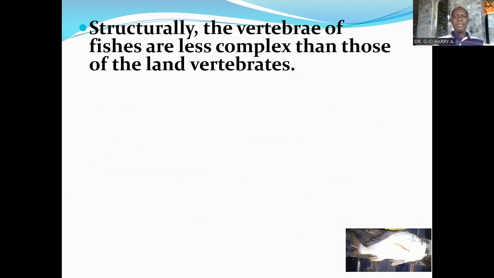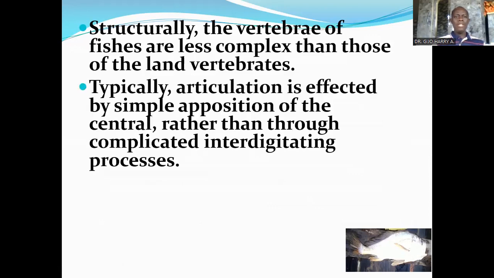Structurally, the vertebrae of fishes are less complex than those of land vertebrates. Why is that so? Typically, articulation is effected by simple apposition of the centra rather than through complicated interdigitating processes.